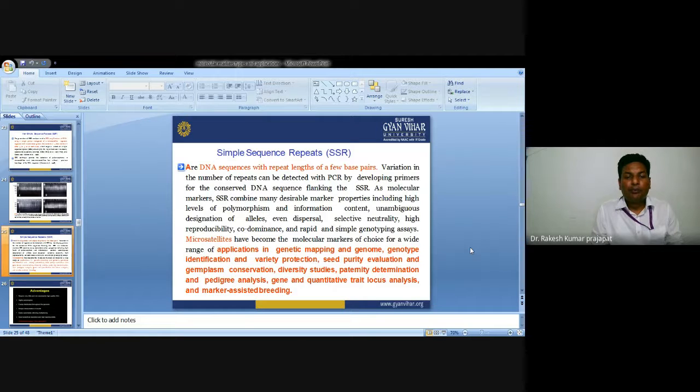Applications include genetic mapping, genotype identification, varietal protection, varietal identification, seed purity evaluation, germplasm conservation, diversity studies, paternity determination, pedigree analysis, gene and quantitative trait locus analysis, and marker-assisted selection. All these are the applications of microsatellite simple sequence repeats.